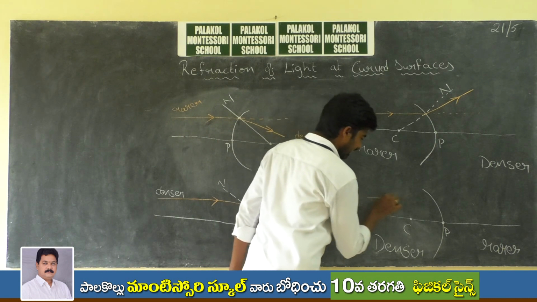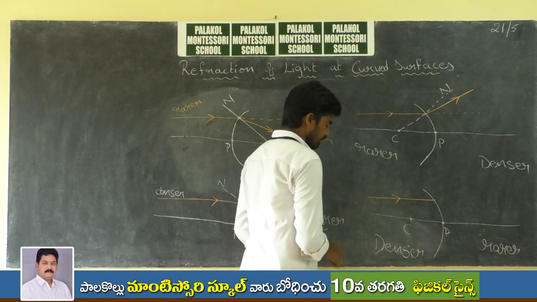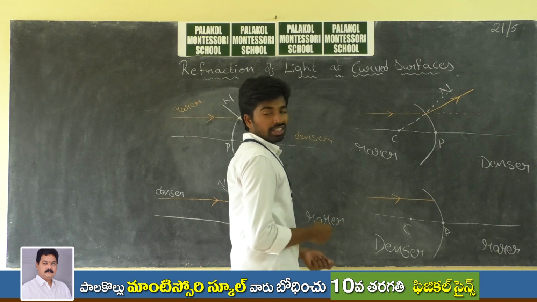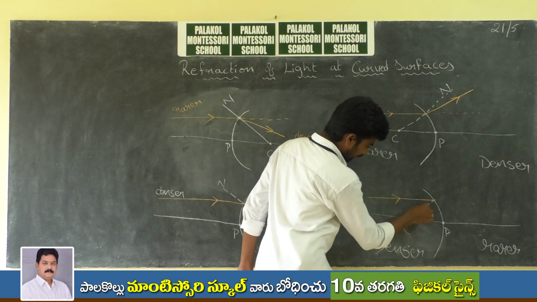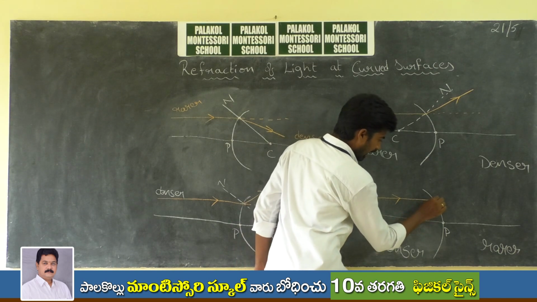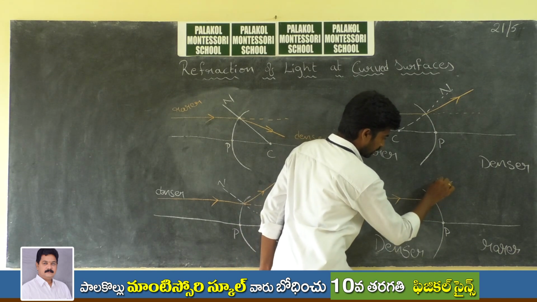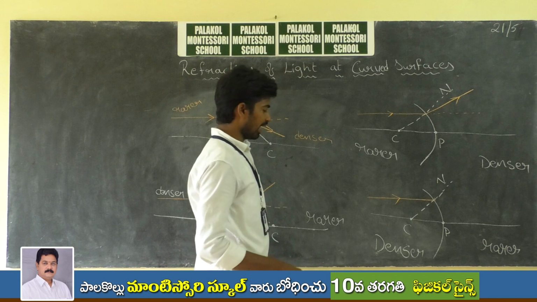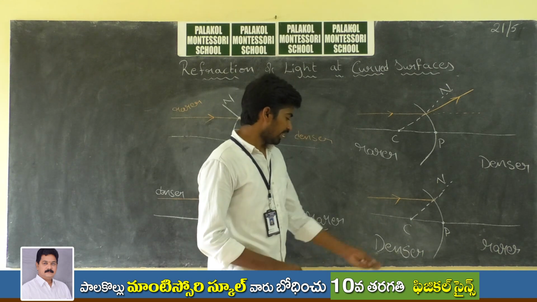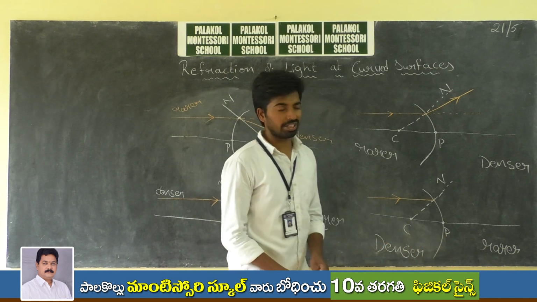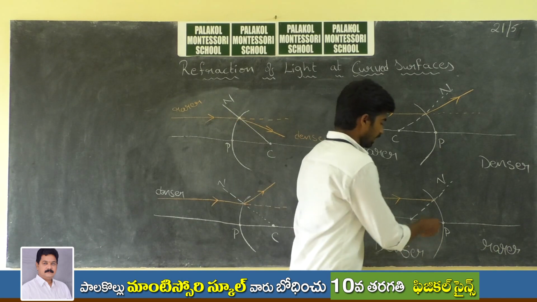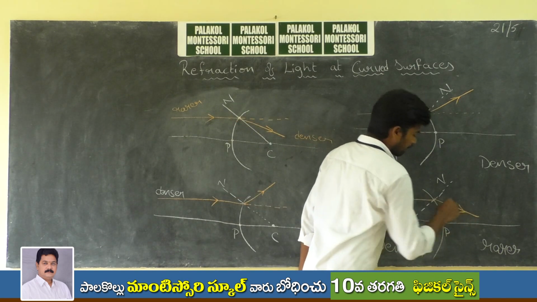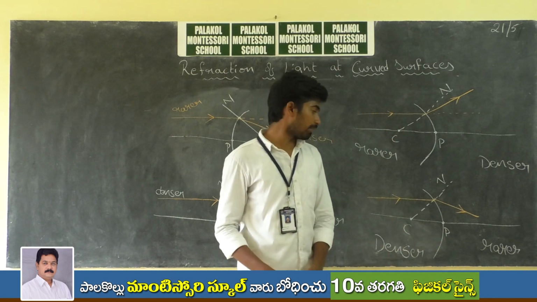I have considered a light ray parallel to the principal axis. In order to know the refraction of the light ray, we need to draw a normal line connecting the point of incidence and the center of curvature. This is the normal line, and the light ray is traveling from denser to rarer medium. When a light ray travels from denser to rarer medium, it will bend away from the normal.